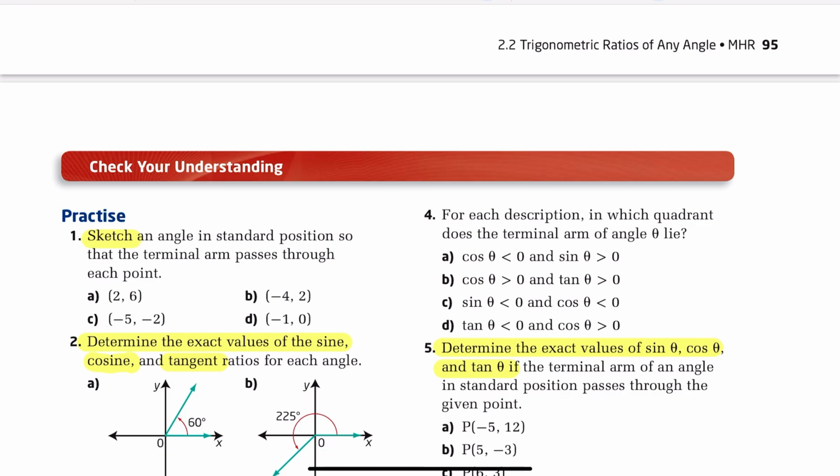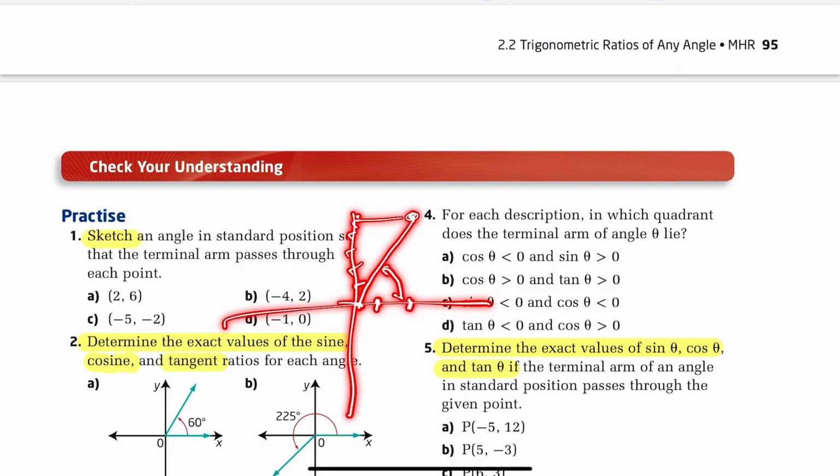So draw them. For the first one, your point should be somewhere here. You need to have 2 on the x-axis and 6 on the y-axis, so your point will be here. After that, you draw your end leg, which is like this, and your theta will be like this.